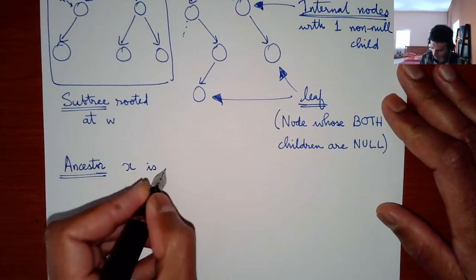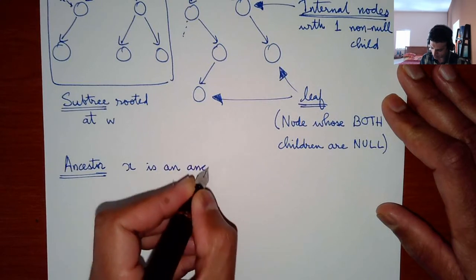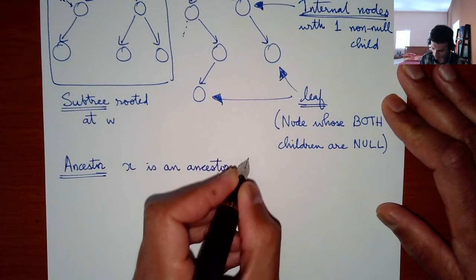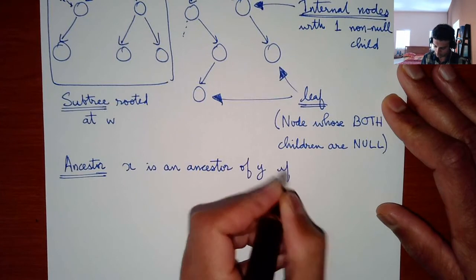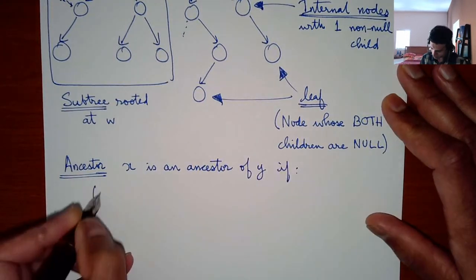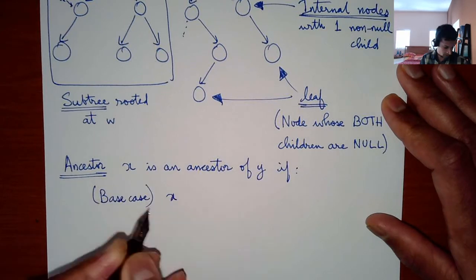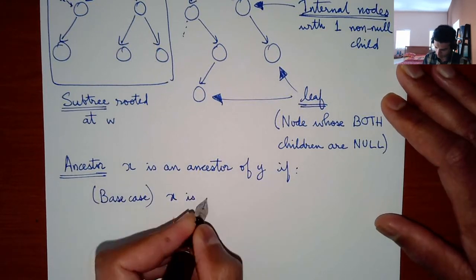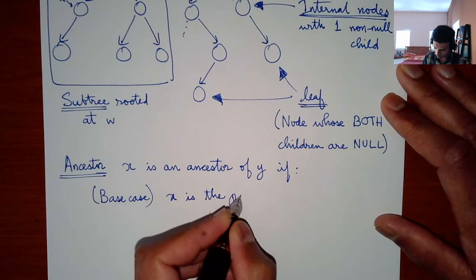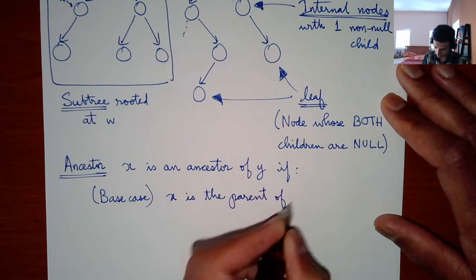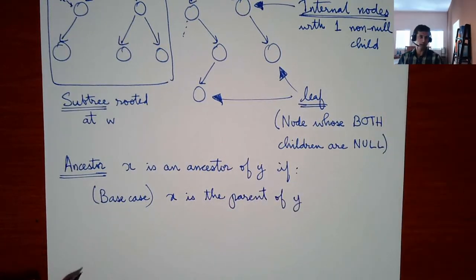X is an ancestor of Y if the base case is that X is the parent of Y. So if X is the parent of Y, it's an ancestor. Just think of it as normal genealogy, right? Your parent is your ancestor.